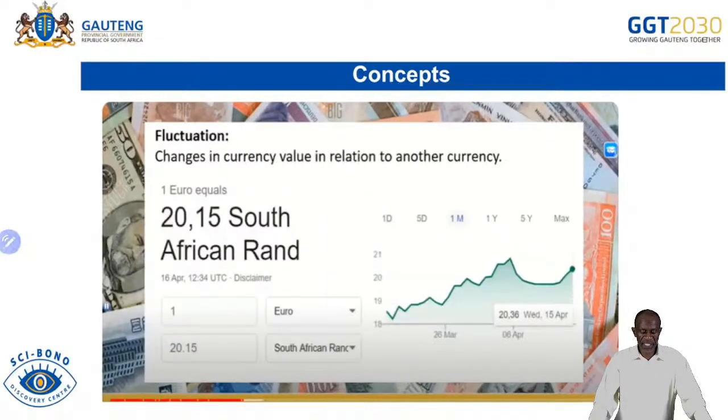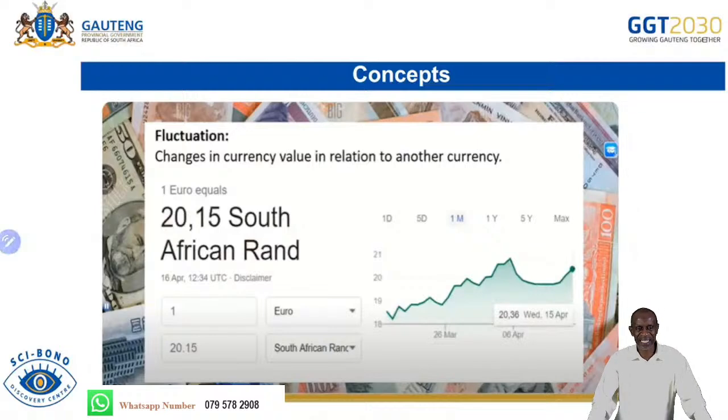Fluctuation. I have alluded to the fact that it denotes up and down. So simply it refers to changes in the currency value in relation to another currency. Currencies or money across the world is not stable. It goes up and down.